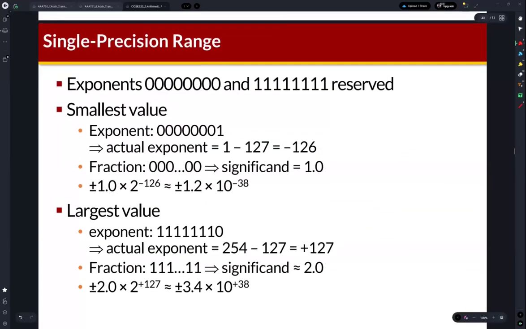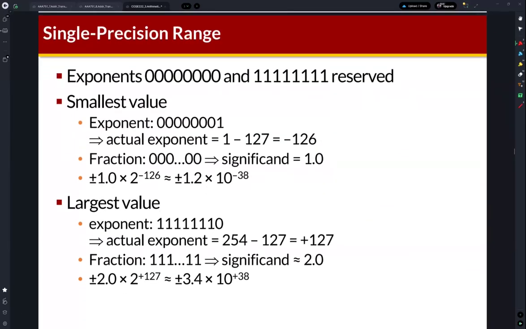So then the single precision range. Let's see the single precision range. Exponent all zeros and all ones are reserved. They are not used for normal representation. Those exponent numbers are used for representing special numbers.